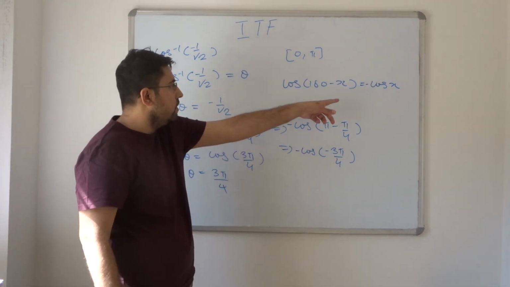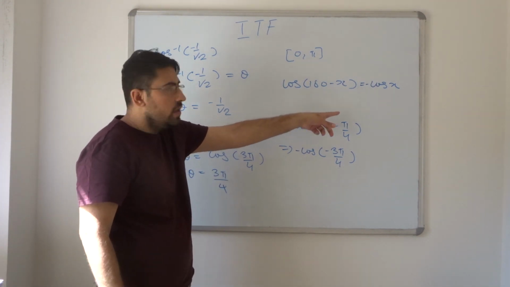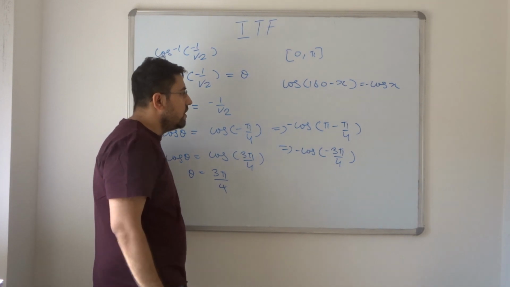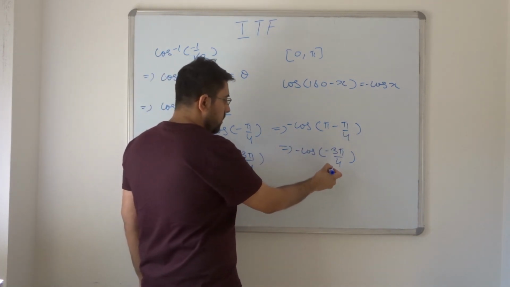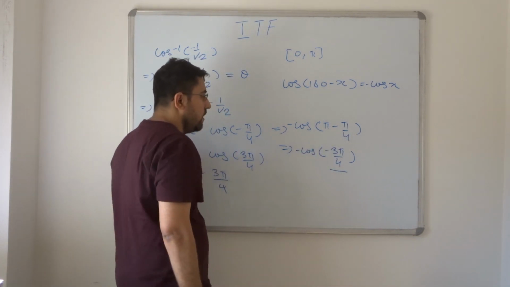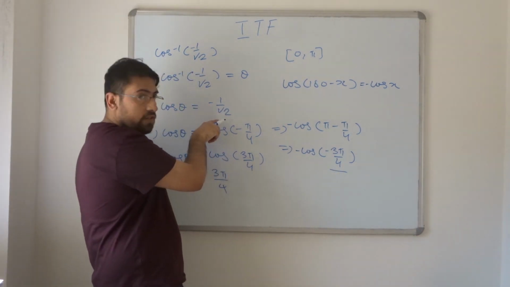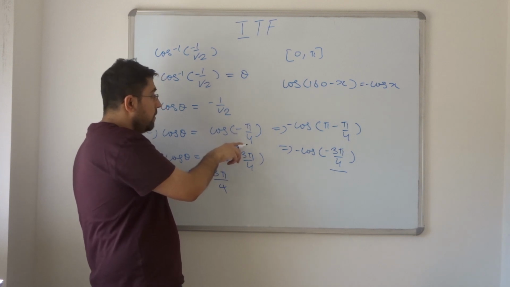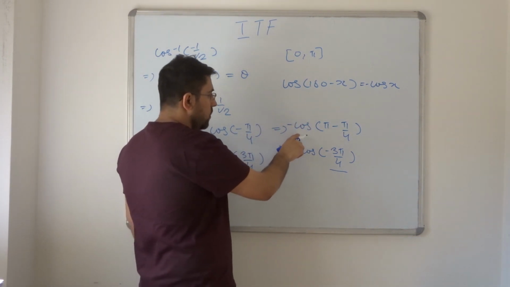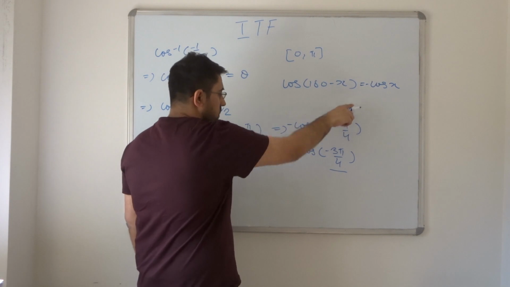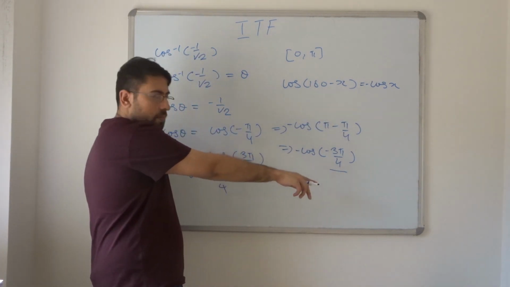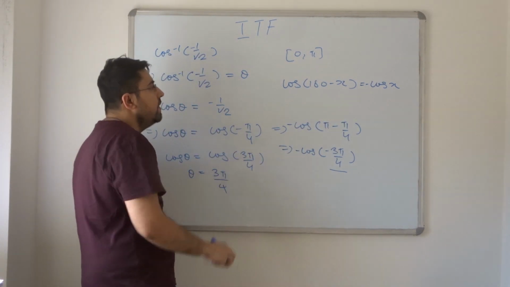That is why when we took this, it is going to be negative. Because this value was negative here, and it came here and became negative, we took it out, and then negative becomes positive, and this is the answer.